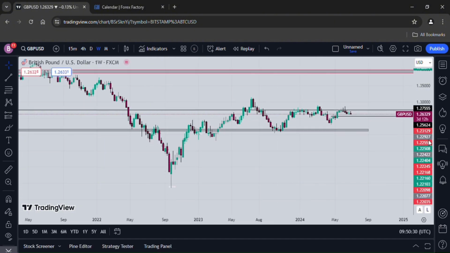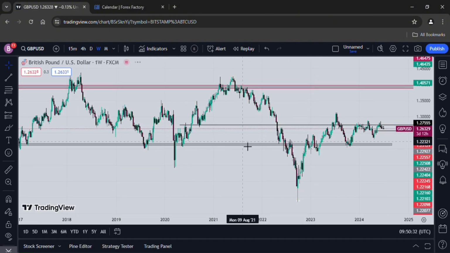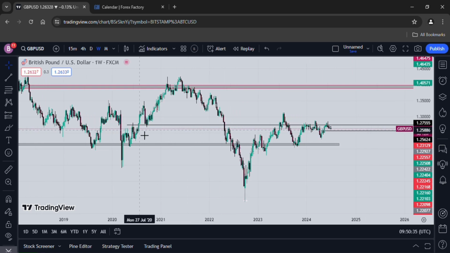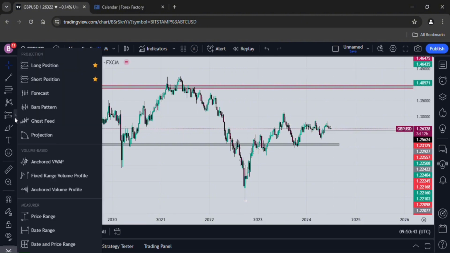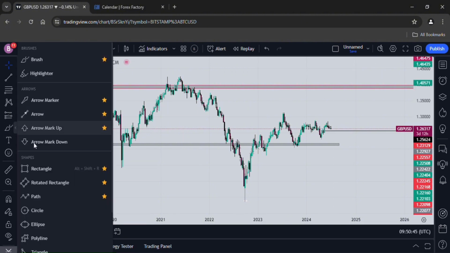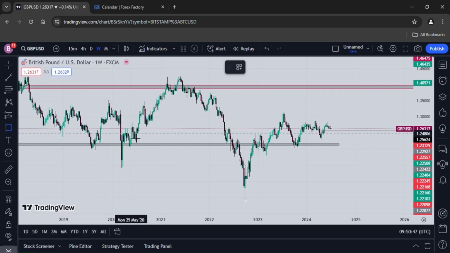So coming over to the weekly time frame, as you can see, this is the level I was telling you about that I drew on the weekly time frame. As you can see, markets came all the way here. Well, let me use a rectangular bar so that I can draw everything properly and accommodate all the wicks and troughs.